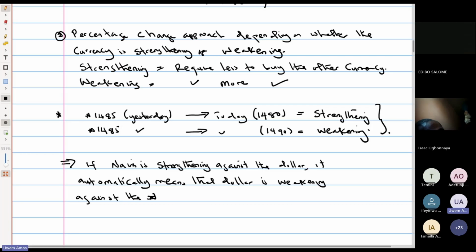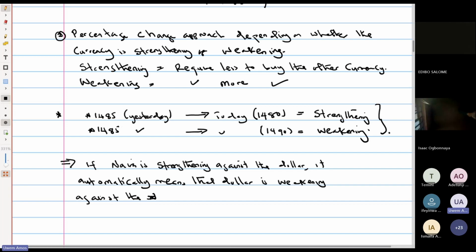And if Naira is weakening against the dollar, it automatically means that the dollar is strengthening against the Naira. So if this one is weakening, automatically the other one is strengthening. If the other one is strengthening, automatically the other one is weakening.